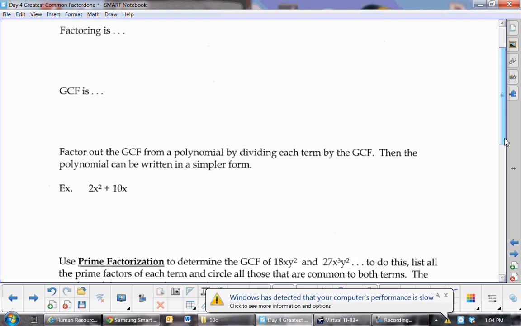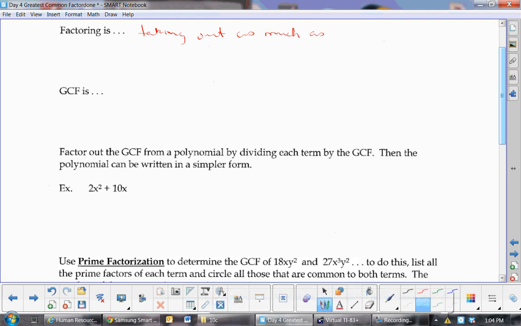So what is factoring? Okay, so to me, it's taking out as much as possible by using division.